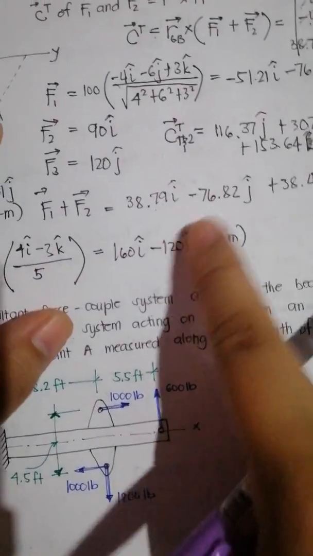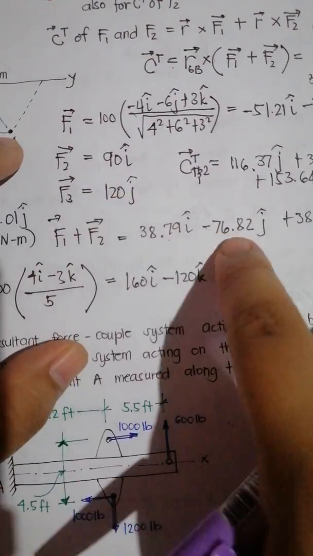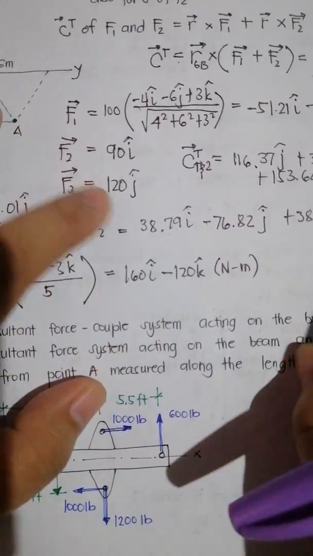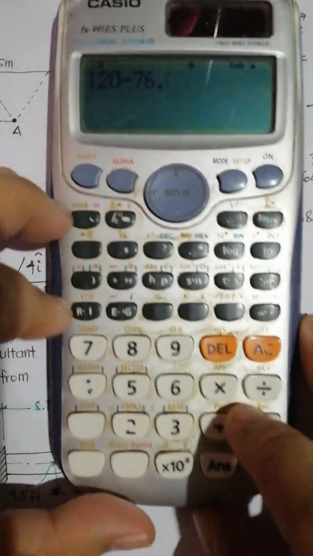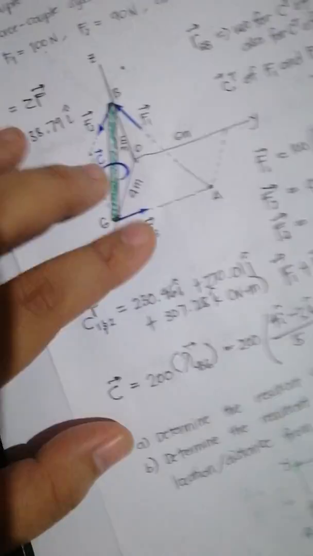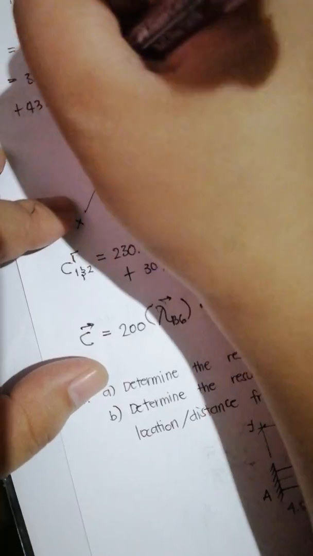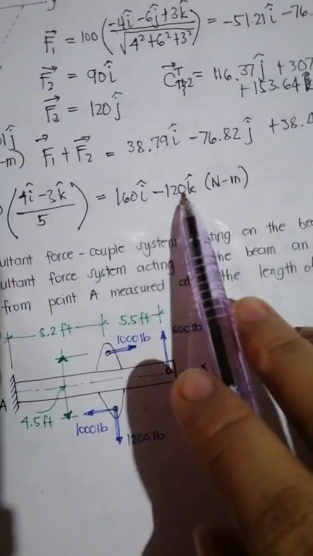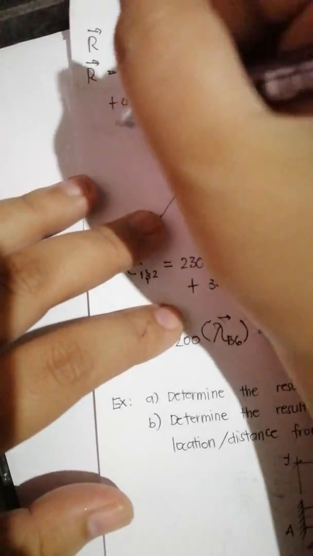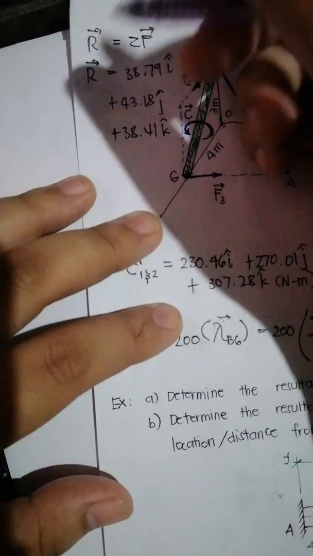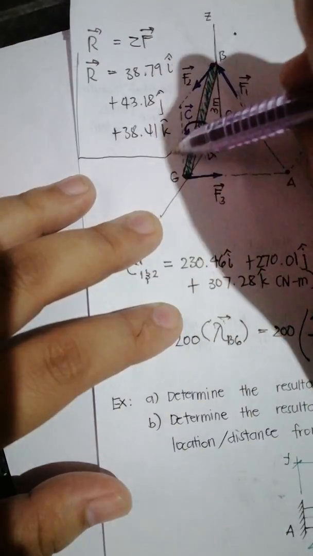For J hat, we'll have to add 120 minus negative 76.82. That's 43.18 J hat. And for K hat, we only have 138.41. This is the resultant force.